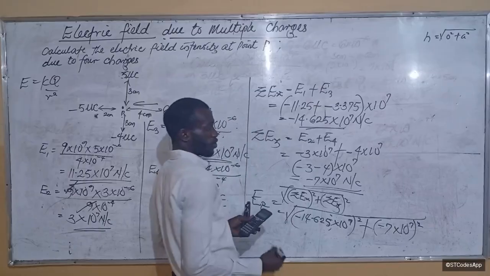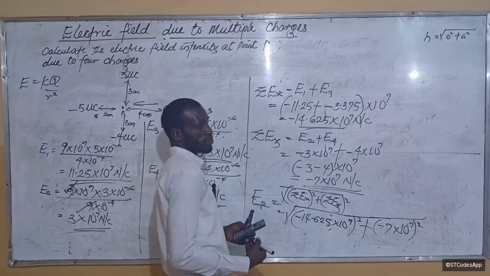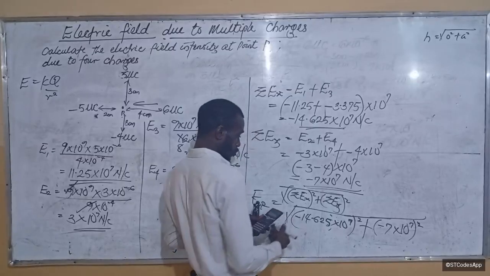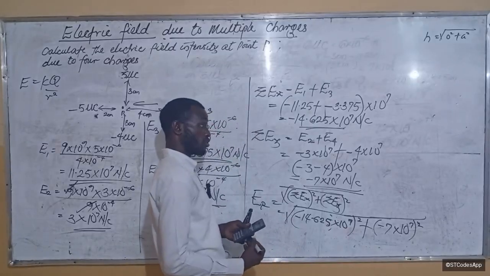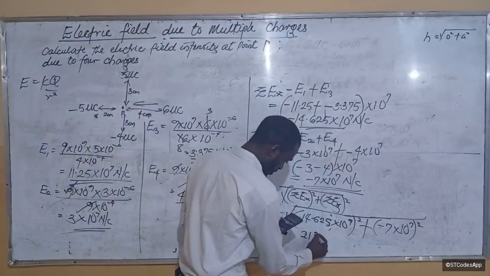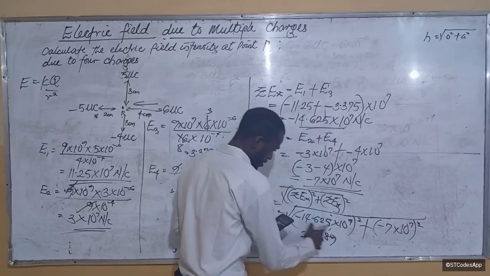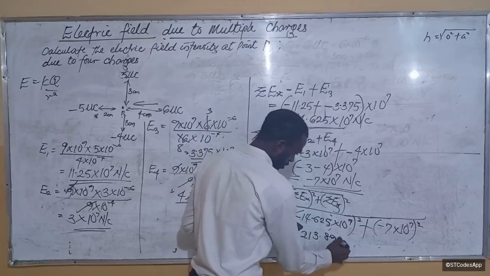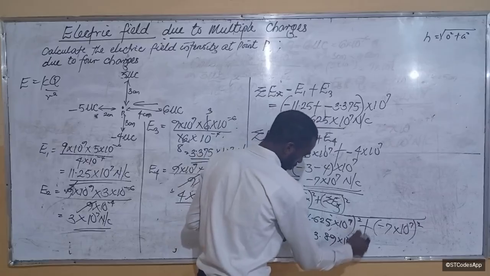When you square a negative number or a positive number, you will get a positive number. Is that clear? Someone is now asking why it is compulsory to put the minus. Yes, if you are doing a written exam, yes. So we have 213.89, that's the square of this, times 10 to the power 7 squared becomes 14.